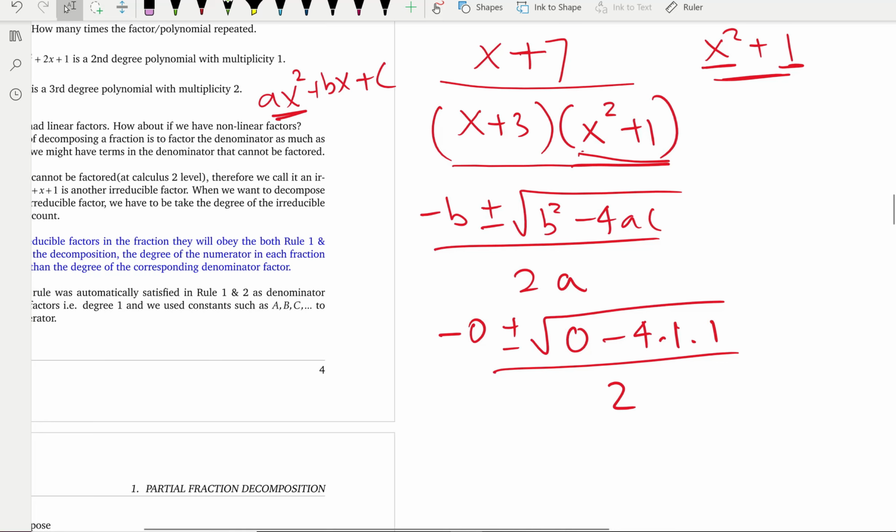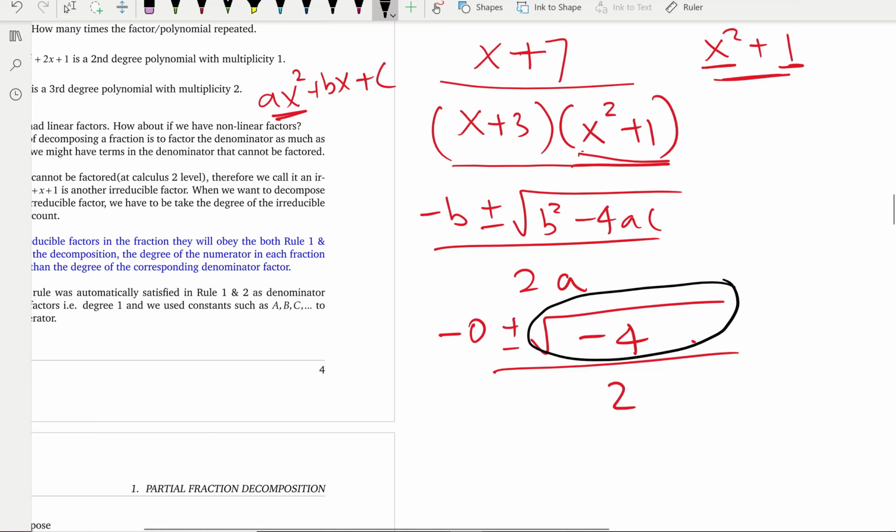So inside we have minus 4. Now here's the question: can you take the square root of minus 4? You can't take the square root of a negative number, at least at your level, okay? So that is why you cannot factor x squared plus 1 further.